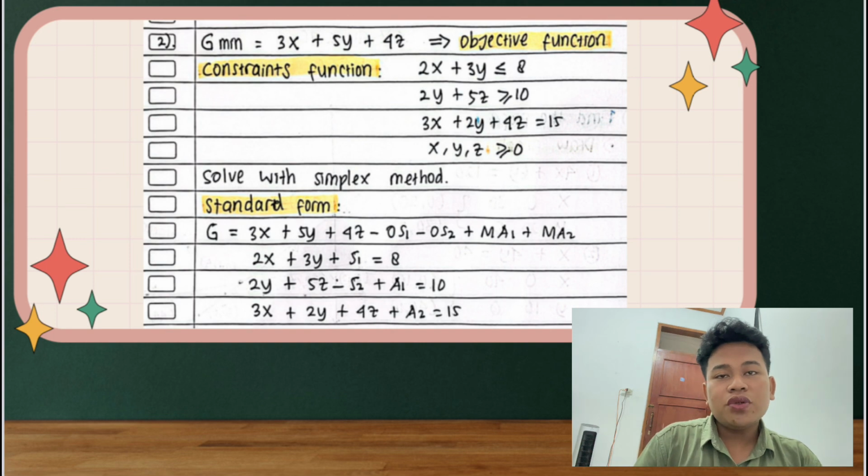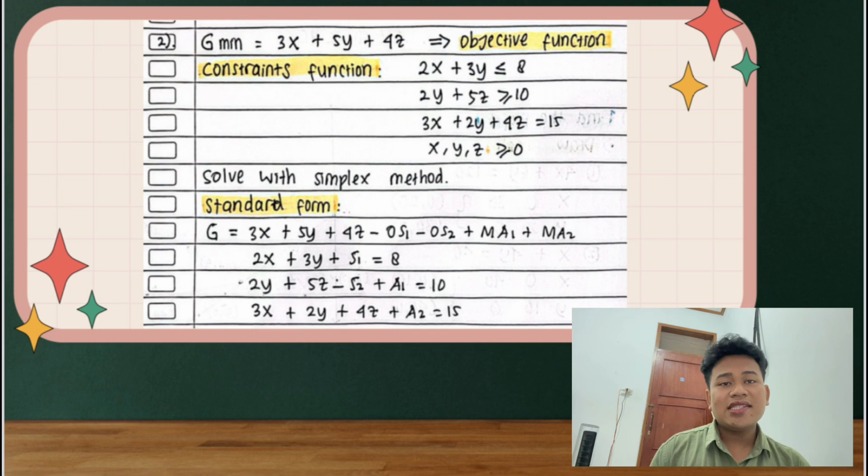And then 2x + 3y + s1 = 8, because it is less than or equal to, so it is not given an artificial variable. Then in the second equation, 2y + 5z - s2 + a1 = 10. Artificial variables are added because the sign is more than or equal to.